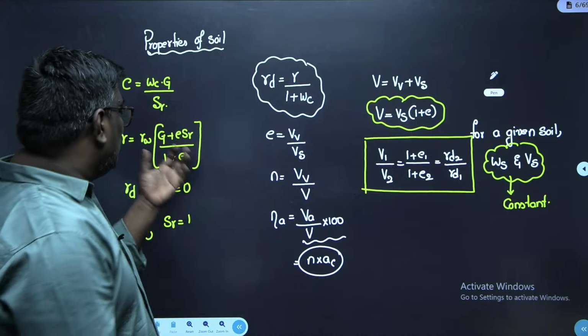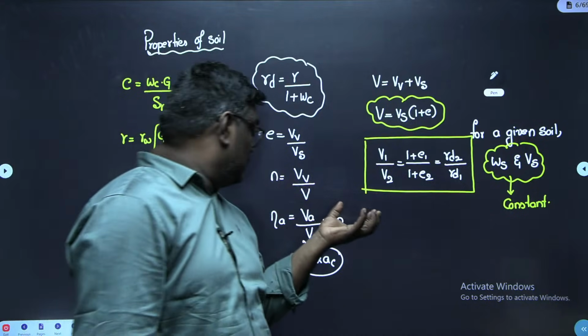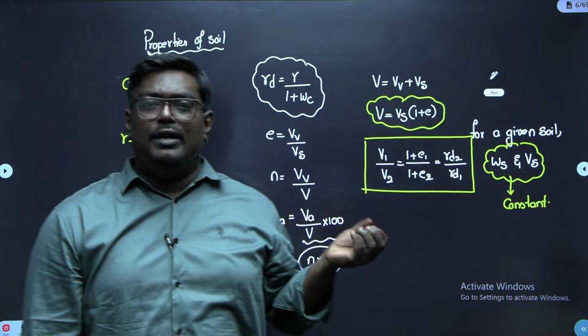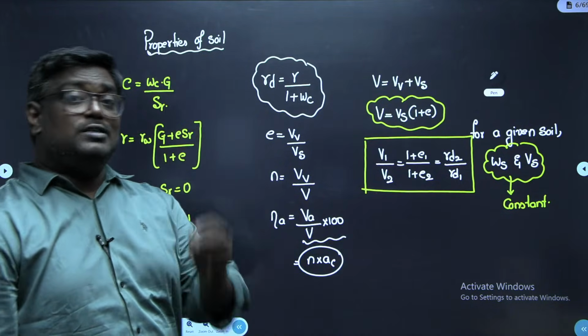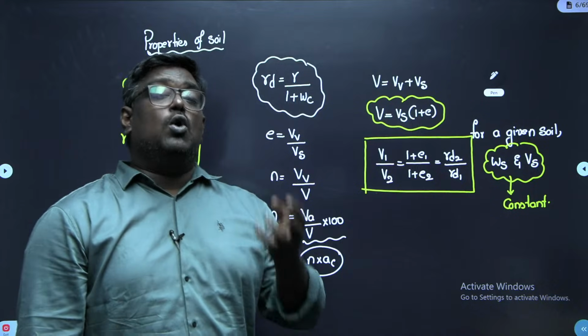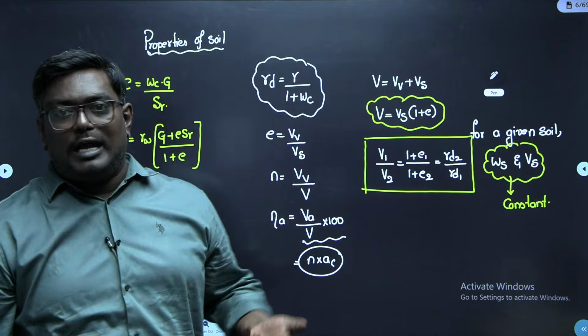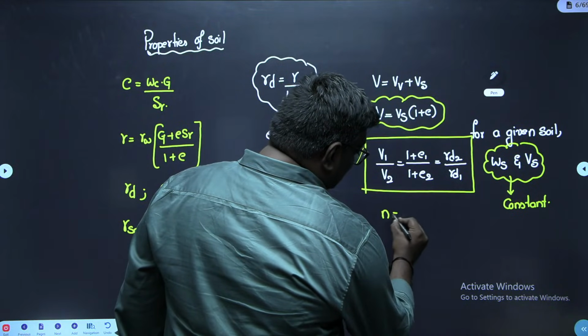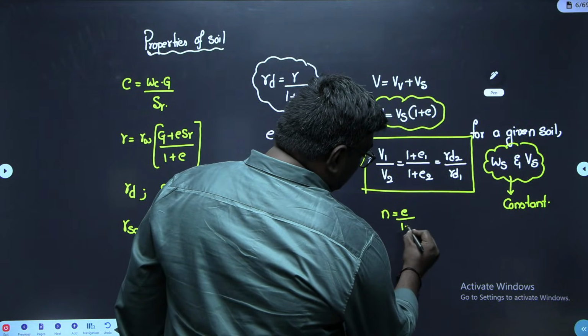So when I talk about the porosity, void ratio, percentage of air voids, or if I talk about the bulk unit weight, and remember my dear students, always you should be aware of what is void ratio, what is porosity. And you might be aware, porosity can be written as E upon 1 plus E.